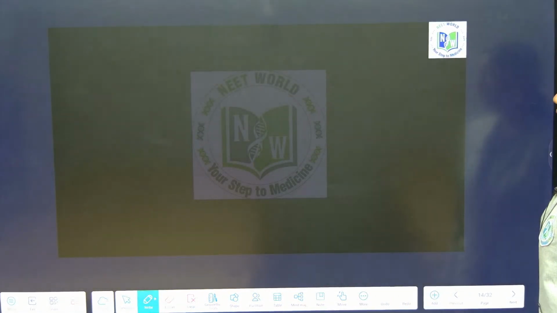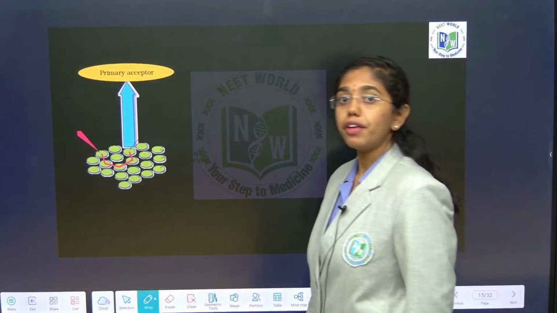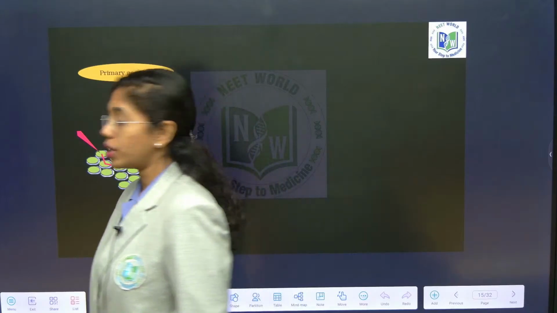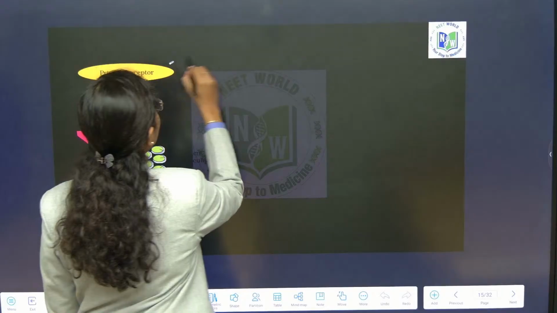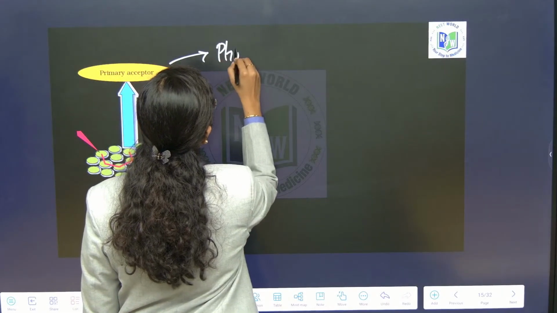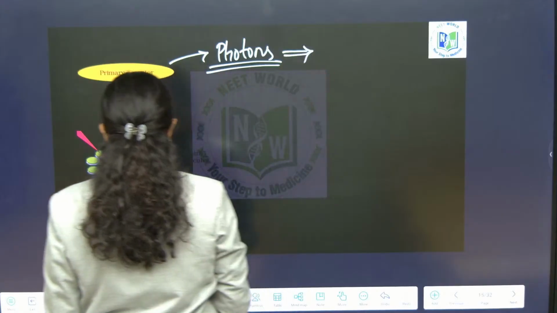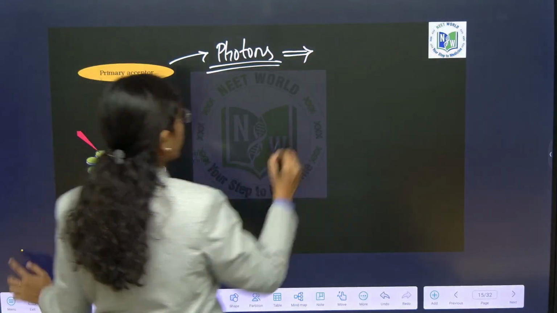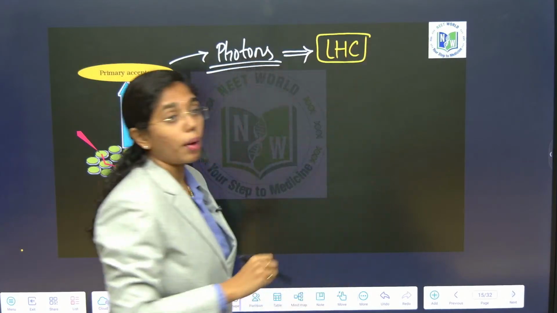Now, look at the light harvesting complex. We have said that the very first step of light reaction is absorption of light in the form of photons. Where is light absorbed? It is absorbed in light harvesting complexes. Where are these present?